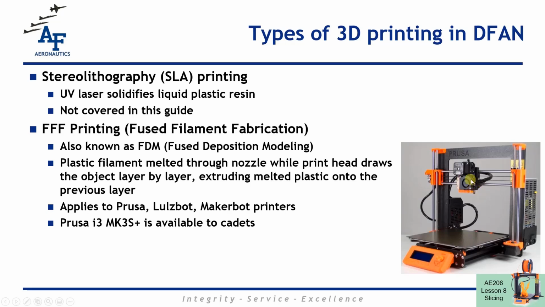Then this print head moves around while the platter moves around to draw out the two-dimensional shape of each slice of the print. The next slice prints on top of the previous slice, and so on, until you have a three-dimensional object. This is the type of printing that our Prusa printers use, as well as our Lulzbot and our MakerBot printers. However, it's only these Prusa printers that are available to cadets in Dfan.